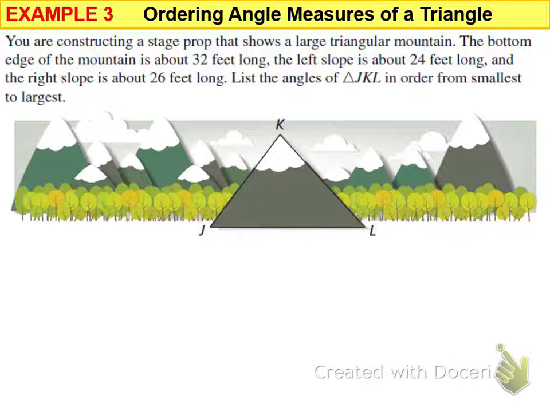So on the top of page 2, you're constructing a stage prop that shows a large triangular mountain. The bottom edge of the mountain is about 32 feet long, so go ahead and write that down at the bottom. So JL is 32 feet. The left slope is 24 feet.